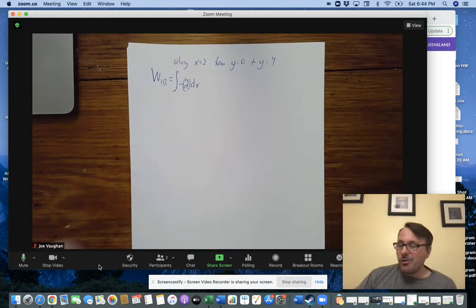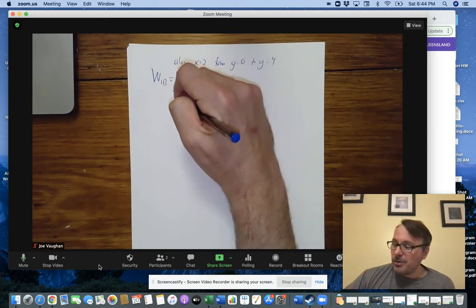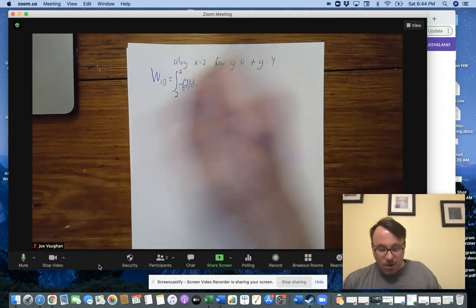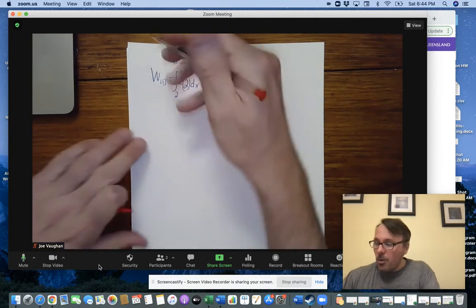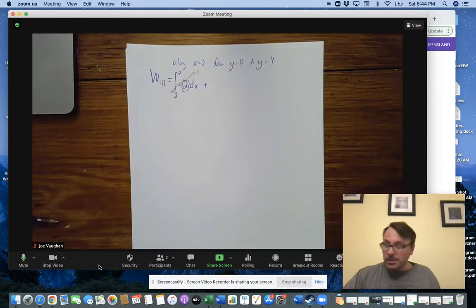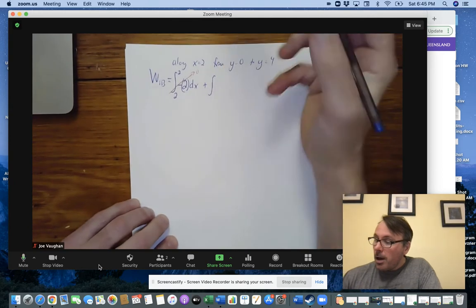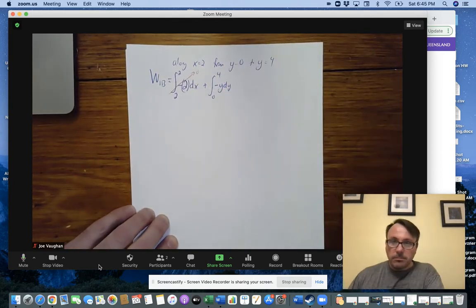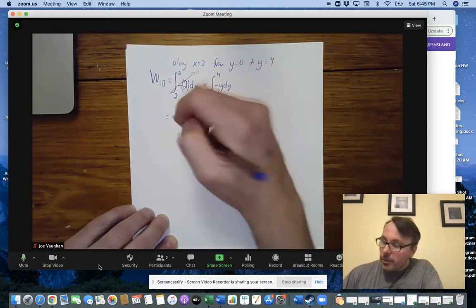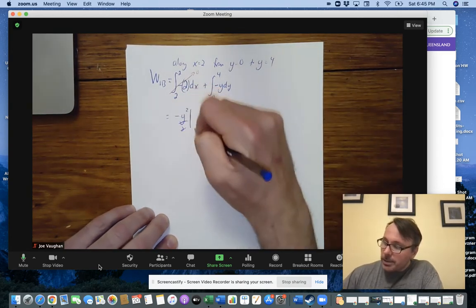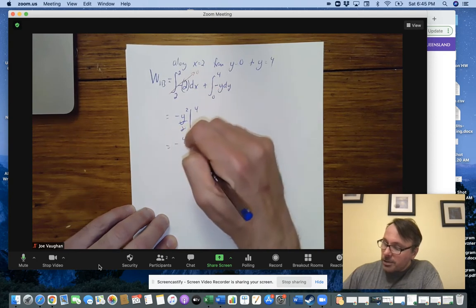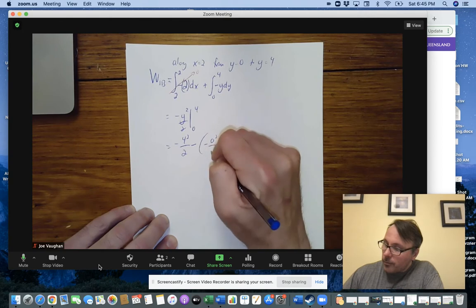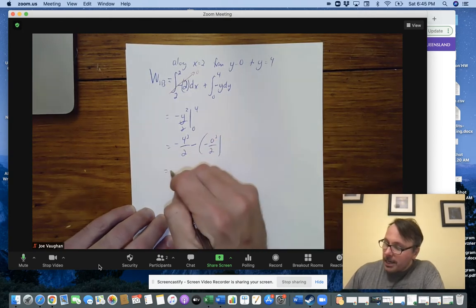Well, if I'm going along the line x equals 2, the bounds are from 2 to 2 as well. Okay, well, we see what that's going to do. We know that term is just going to go away as well. So that's sort of nice. And so now here we go, negative y dy, from 0 to 4, right? Pretty straightforward. So negative y squared over 2 between 0 and 4, negative 4 squared over 2 minus a minus 0 squared over 2, and this is just negative 8 joules.